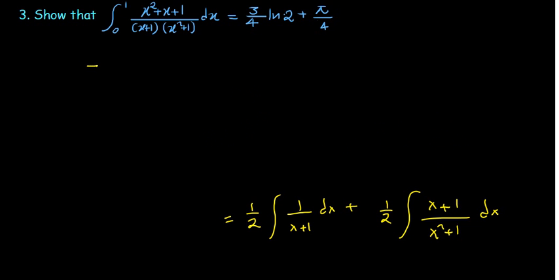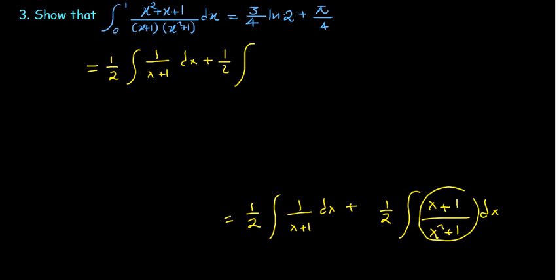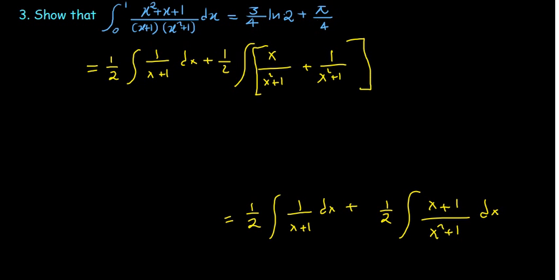So from here we are going to continue, and this will give us 1 over 2, the integral of 1 over x plus 1 dx, plus 1 over 2, the integral. I can as well split this, so that will be x divided by x squared plus 1, and then plus 1 divided by x squared plus 1 also, because the denominator is common, so that is why I've done it in that manner.